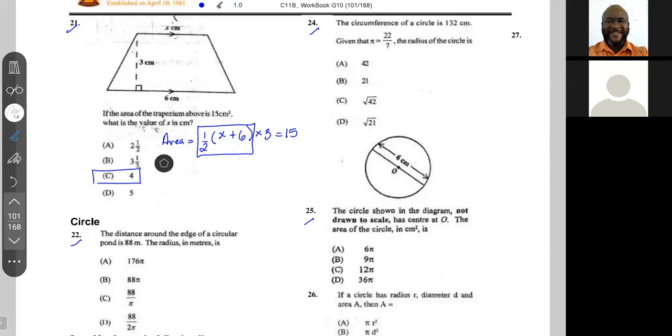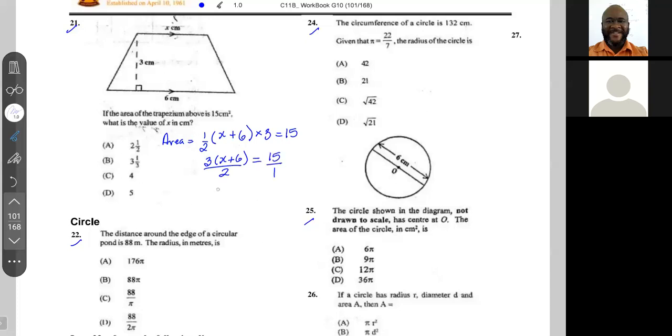So that's one thing you could have done. You could have reasoned it out. If you didn't know how to work it out, you could have reasoned it out. I could also work it out equally as easy. It's not difficult. So 3 into x plus 6 over 2 is equal to 15 over 1.